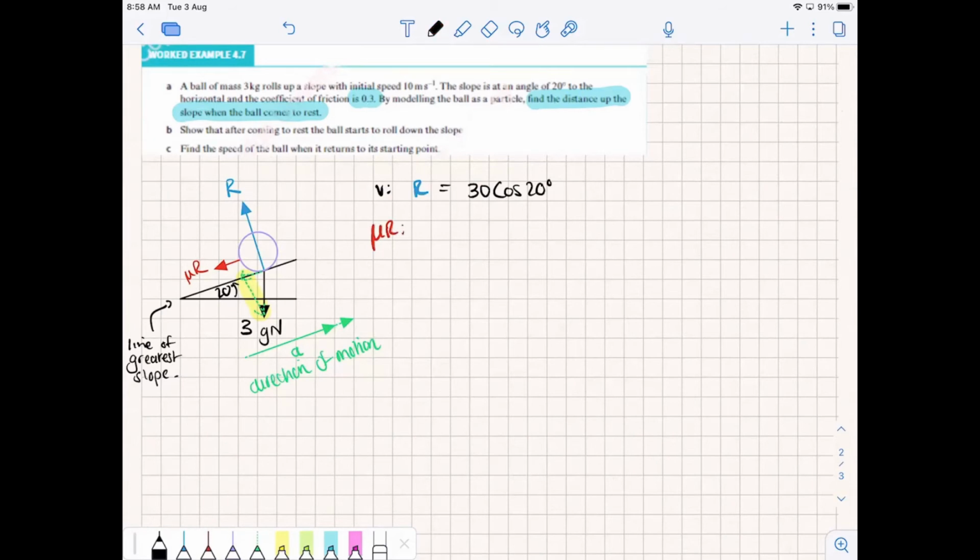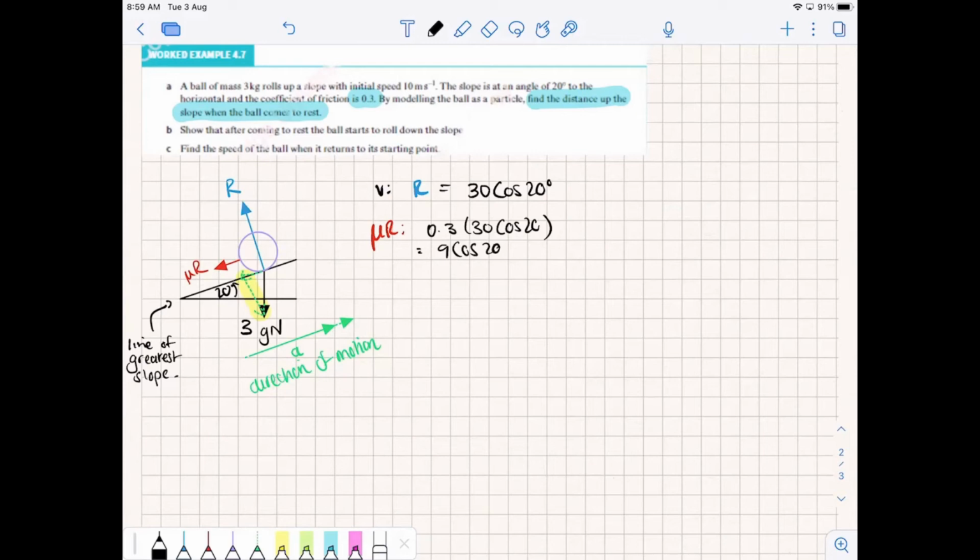Yes, it's 0.3 multiplied by the resultant force, which is 30 cos 20. I'm even going to take 30 multiplied by 0.3, and I'm going to get 9. You can, if you want, keep your trig identities together until the end. Then you don't have to remember which number you stored it in or which letter you stored it in on your calculator.